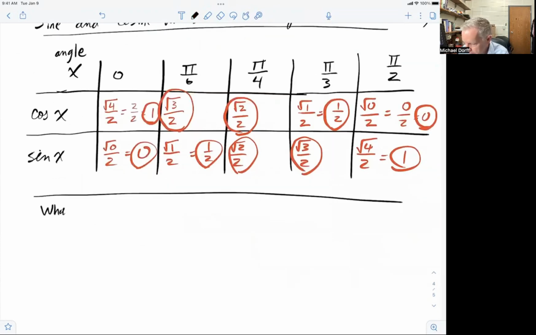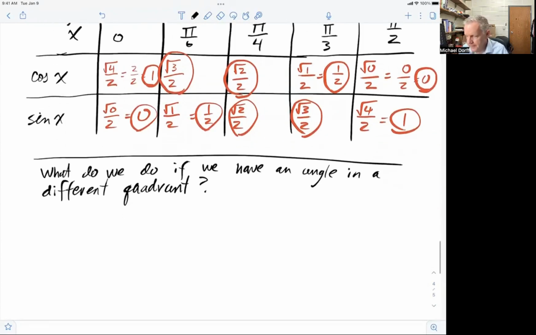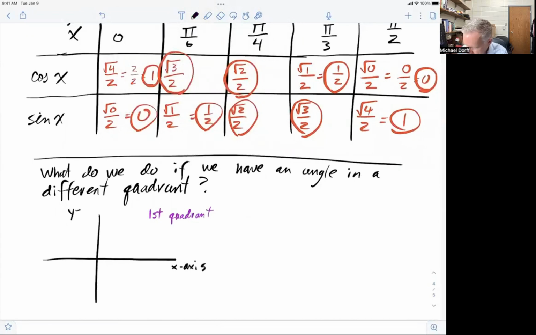Okay, what do we do if we have an angle in a different quadrant? So we know what to do if we're in the first quadrant. What do we do if we're in a different quadrant? So let's look at the different quadrants again. So this is the first quadrant here. And remember that this is the x-axis and this is the y-axis.